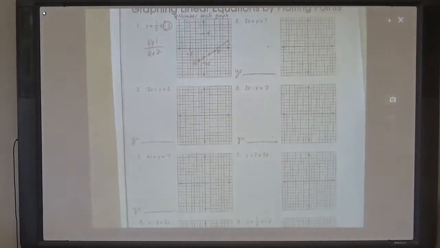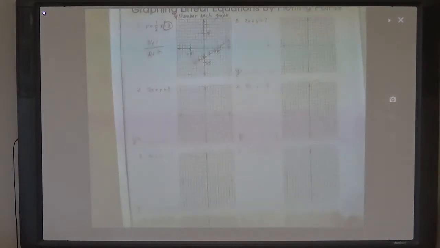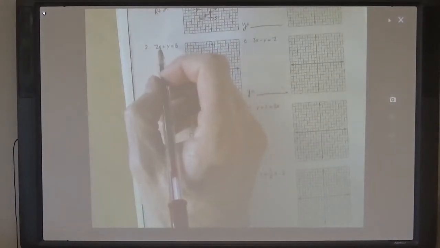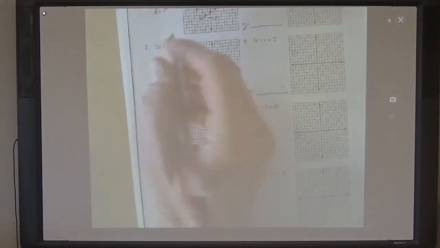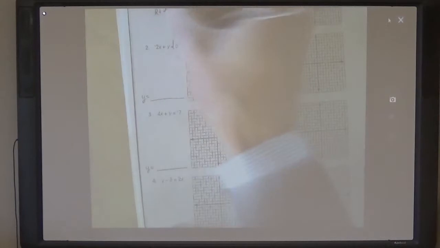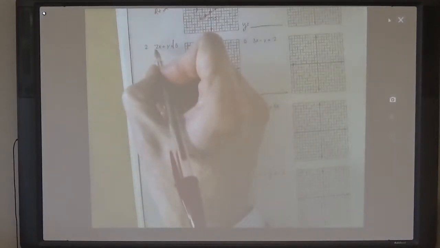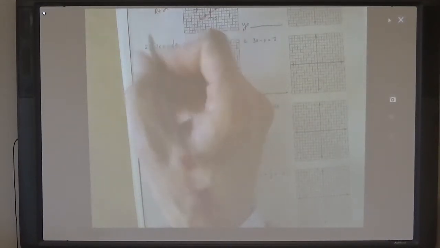Okay? Any questions on that? All right, number 2. Is this one solved for y? No. So that's why I wrote down y equals at the bottom, and we have to solve it for y first. That means we have to get rid of the negative 2x on the left side.